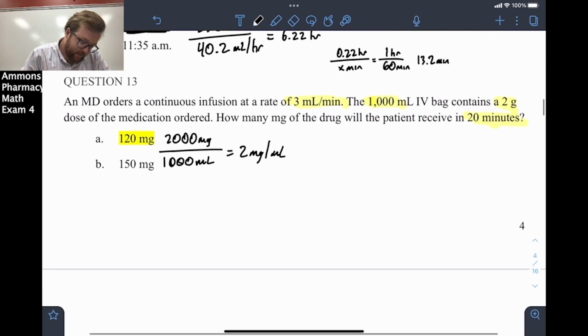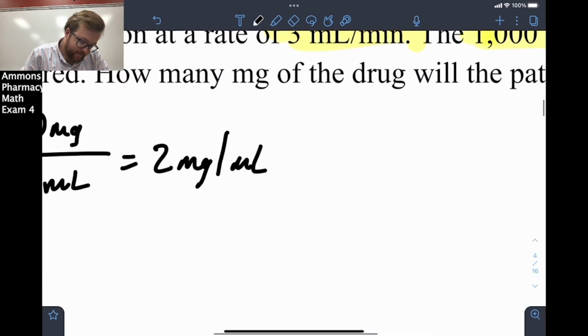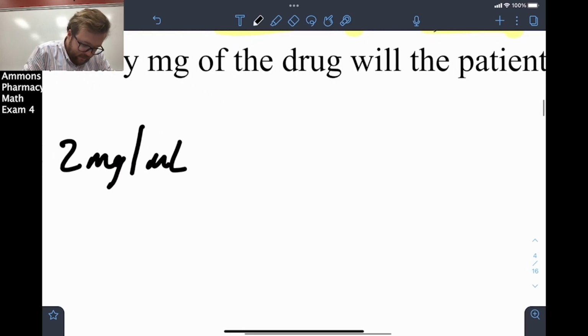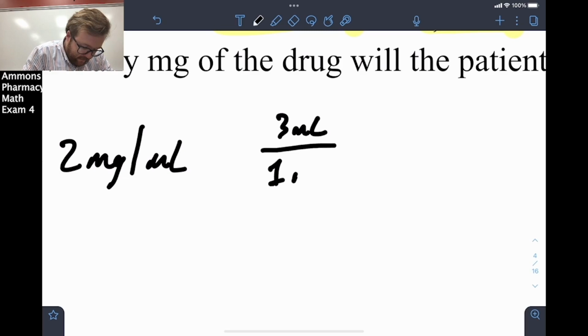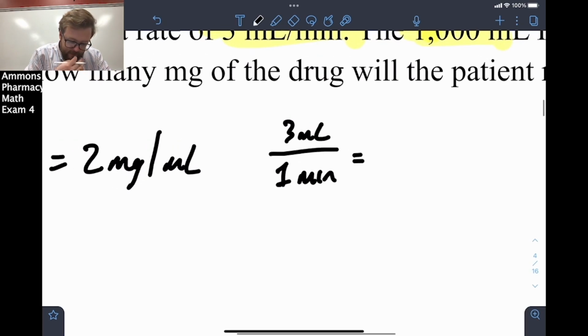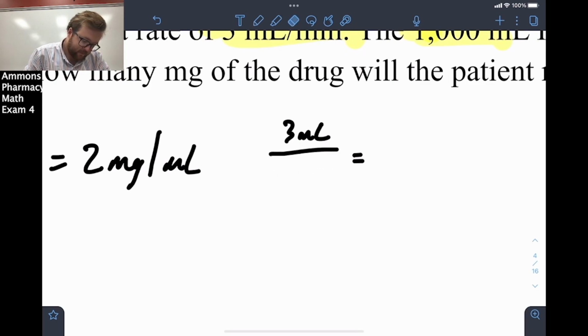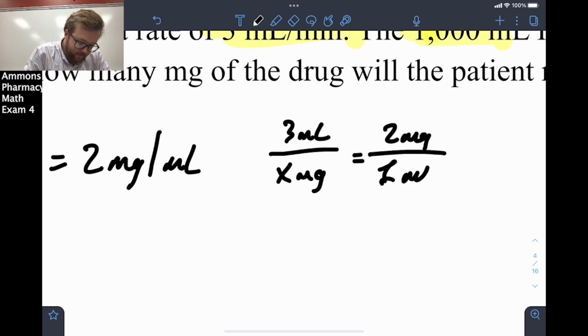So they are ordering it at 3 mils per minute. Okay, so there is 3 mils going by every minute. If there are 3 mils going by in every minute, we need to ask ourselves how many milligrams is in that. So we have 2 milligrams per 1 mil.